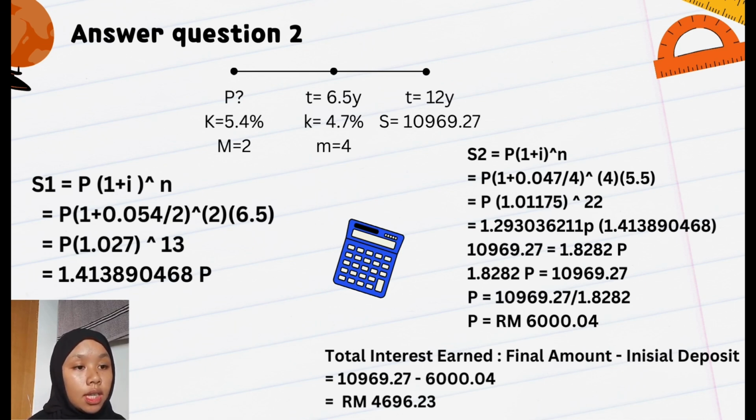So we can get 1.8282 P. So we move the sides, and we can get P equals 10,969.27 divided by 1.8282.